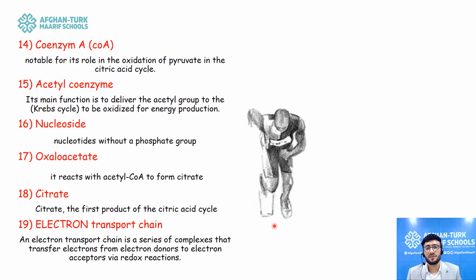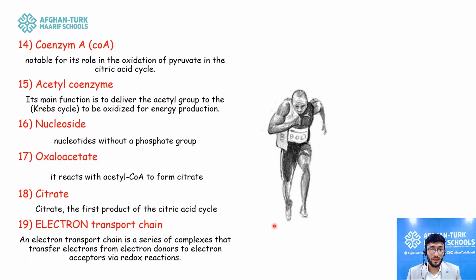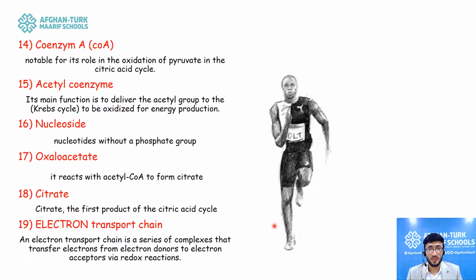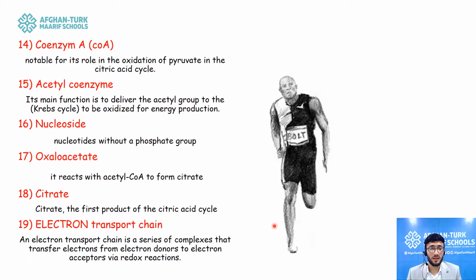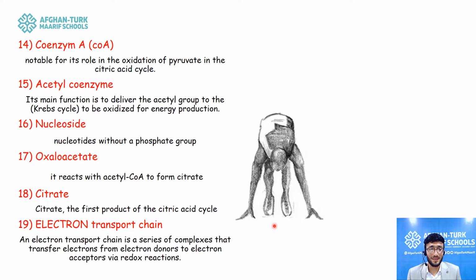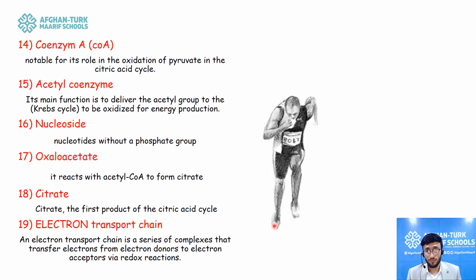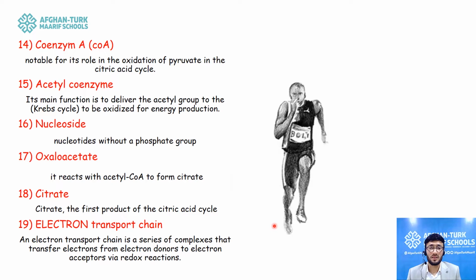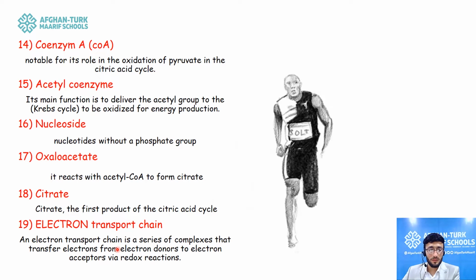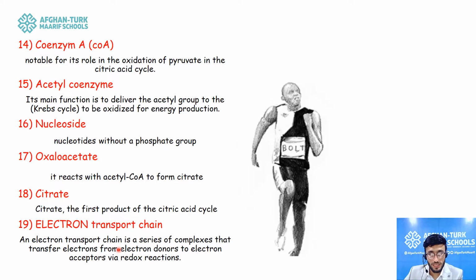Oxaloacetate is a compound which possesses only 3 carbons, then it will be attached with the acetyl CoA in order to produce citrate. So citrate is another compound that possesses 6 carbons. And the cellular respiration ends up with the electron transport chain.